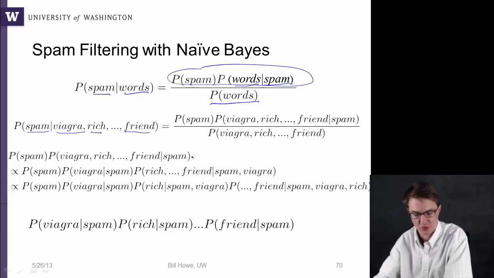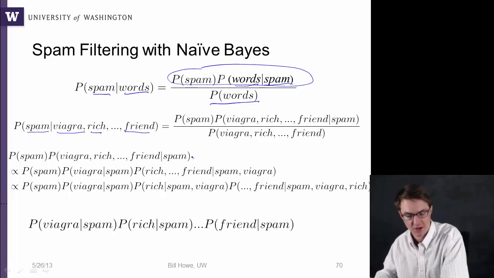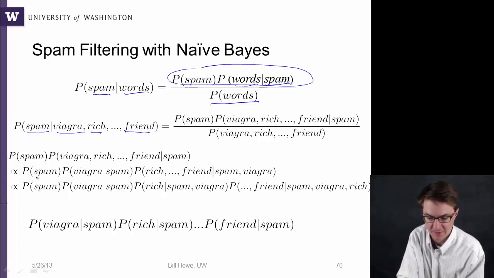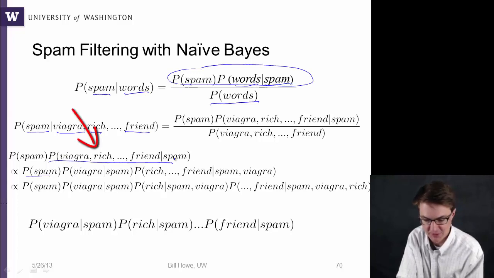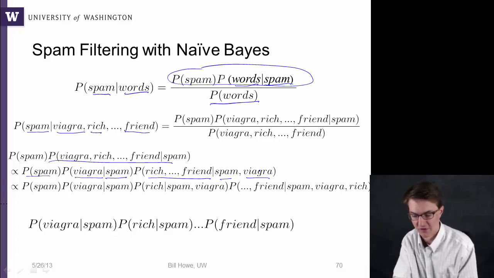Now, this numerator can be rewritten in the following way. Given that it's a conditional probability, we can apply the chain rule, a repeated application of the definition of conditional probability, to obtain this: the probability that it's spam, multiplied by the probability of seeing the word Viagra given that it's spam, multiplied by the probability of seeing all these other words given that it's spam and given that the email message contains Viagra.